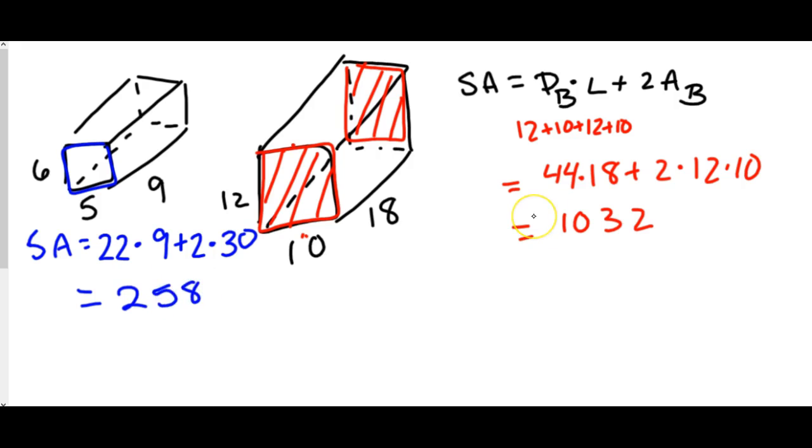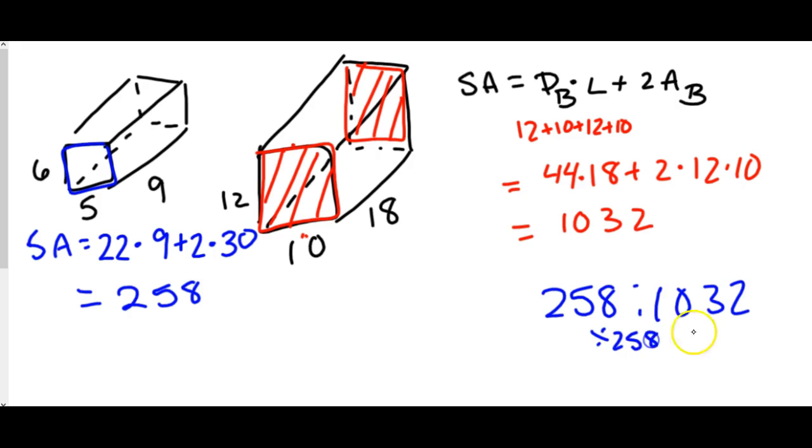So if we were to compare one to the other, 258 to 1032, I can reduce these. Both of these actually divide by 258. It gives me a surface area ratio of 1 to 4.